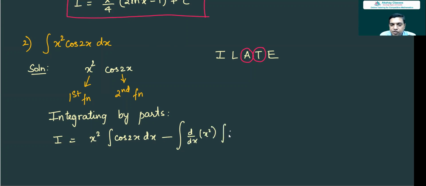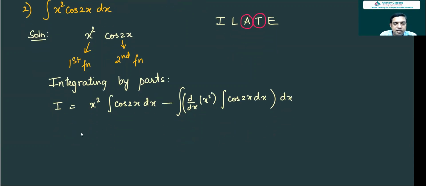From next problem onwards, I'll directly write the integral. Derivative of the first multiplied by the integral of the second. So we have x square. Integral of cos 2x is sine 2x upon 2 minus integral of 2x times integral of sine 2x upon 2.